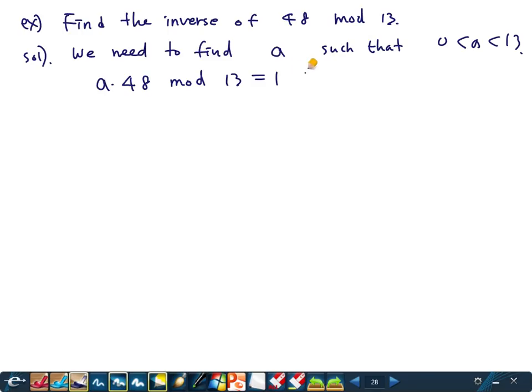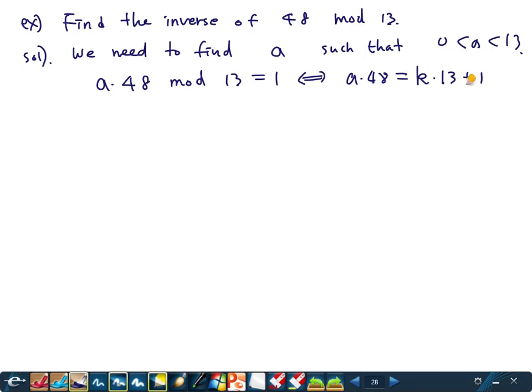What does this mean? This means a times 48 plus k times 13 equals 1 for some integer k. Is that right? This is exactly what the remainder says. We divide this number by 13, and the remainder is 1. Maybe I should write it this way: they're the same.